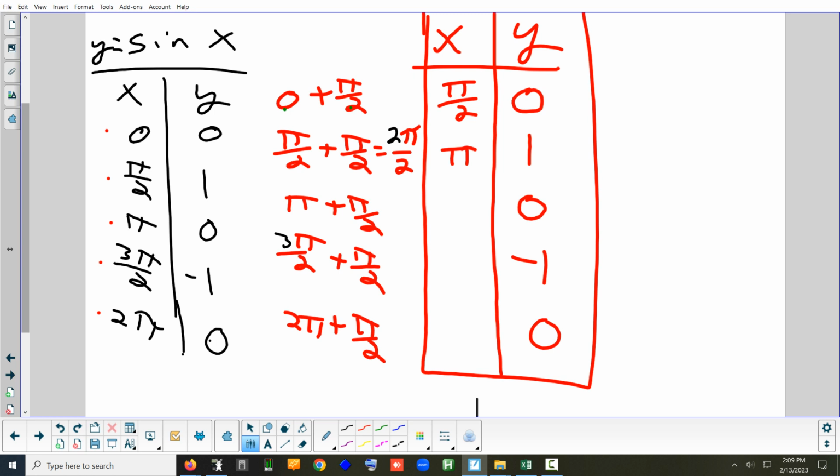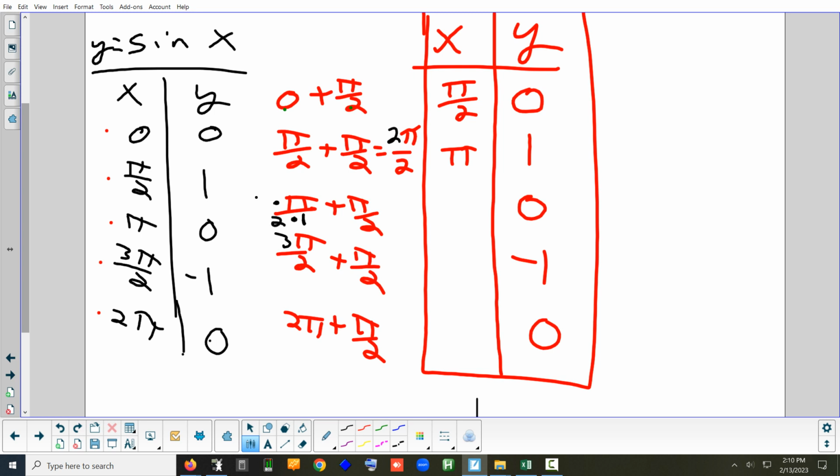Okay, the next one is pi plus pi over 2. Well, what could we put for a denominator here? Because we don't even have one. 1. Yeah, it's a 1. Now, are these two denominators the same? No. What's the smallest number that 1 and 2 go into? 2. This one's already a 2. So you're going to have to multiply this by 2 to make it a 2.